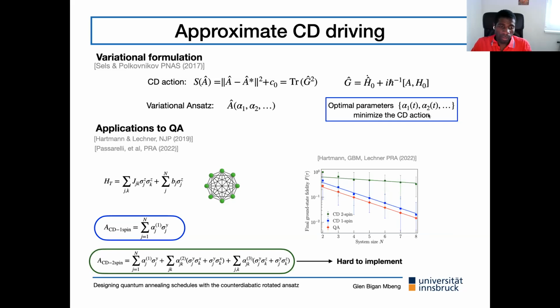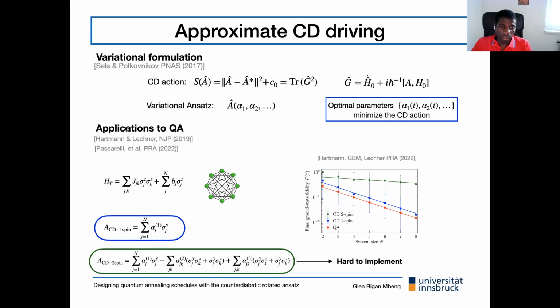So this approach, as I mentioned, has been applied to quantum annealing, in some cases with success. But here I just want to point to these two works, one from Hartmann and Lechner, and one from Passarelli and co-workers.